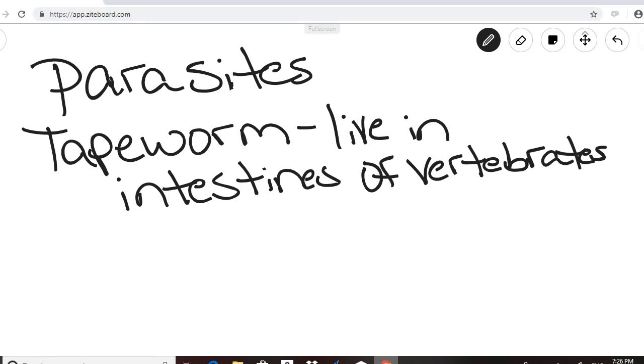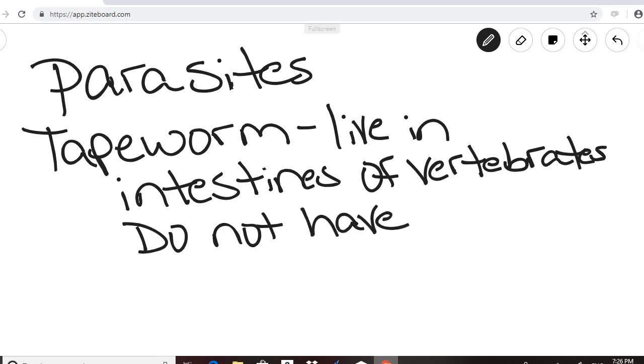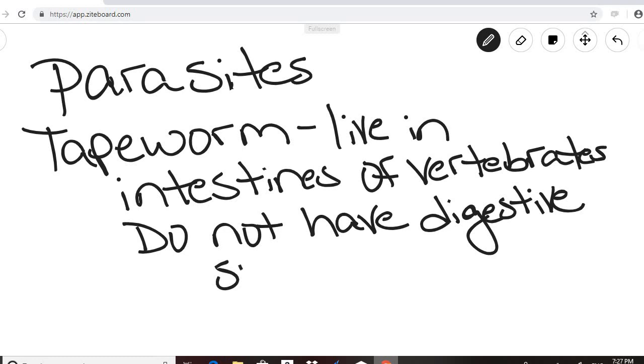So because they do not have a digestive system, they rely on the organism that they're living in to digest the food. So if they're living in your intestines, your intestines will digest the food, and then they just absorb the nutrients right into their bodies, because they're not able to do the digestion themselves. So they rely on their host organism to be able to survive.